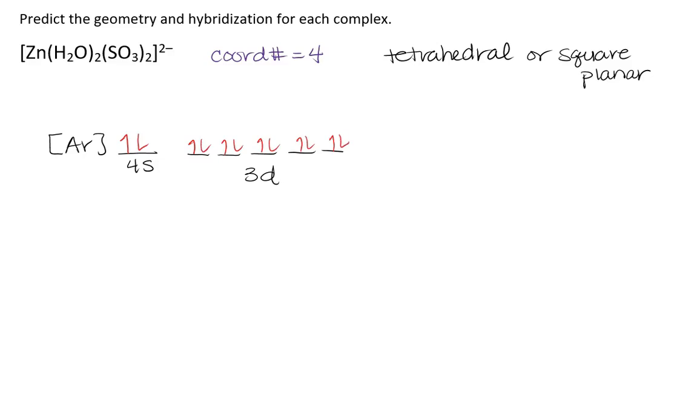And the other part of this is there are some p orbitals that are empty. So this is what the orbital diagram for neutral zinc looks like. If we then look at what the zinc ion looks like, our zinc ion has a charge of +2.